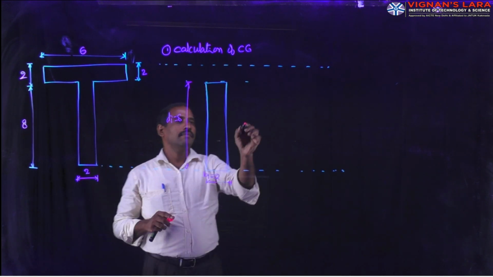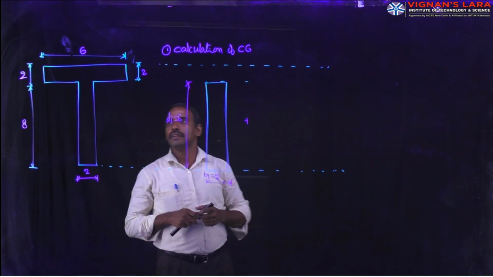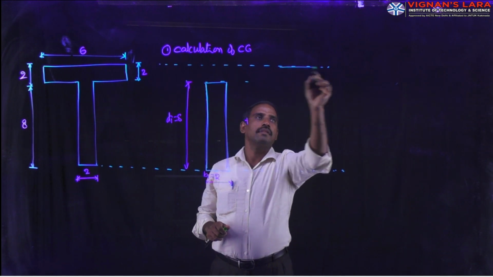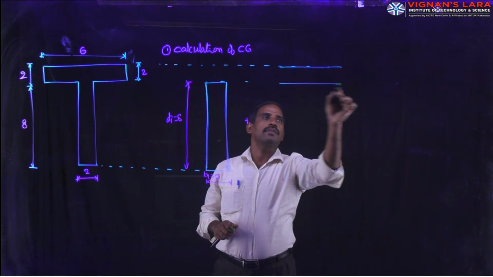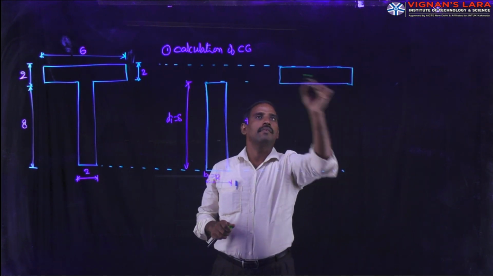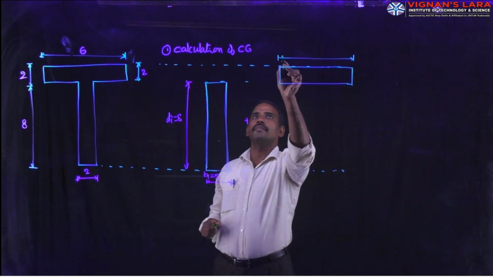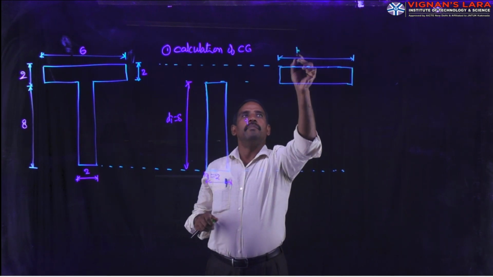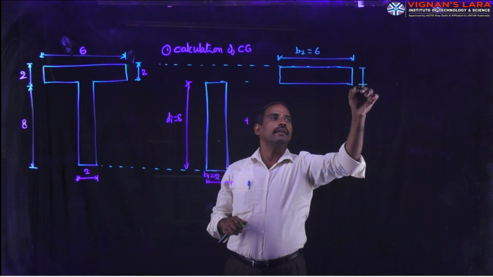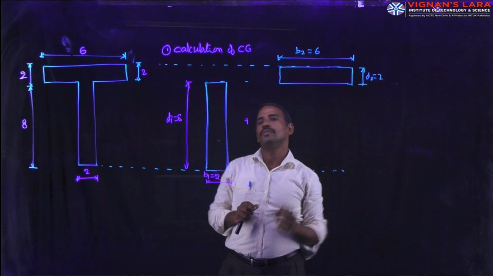Then split up the T section, the second element is in a rectangular shape of dimensions, let us assume, B2 equal to 6 and D2 equal to again 2.